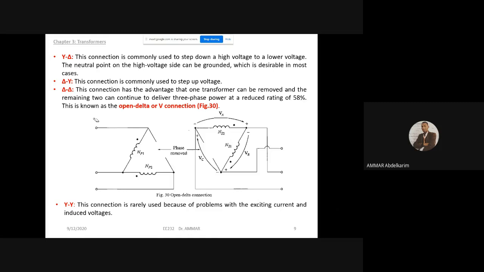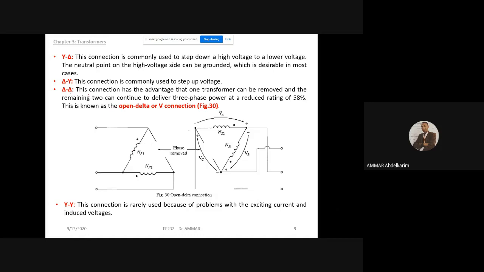So this connection can work, for example, if one of these transformers needs maintenance or needs to be replaced, or has been damaged; the system can continue working with 2 transformers.